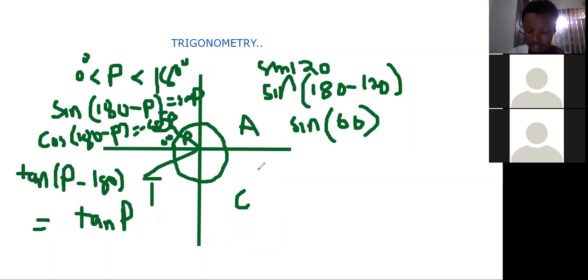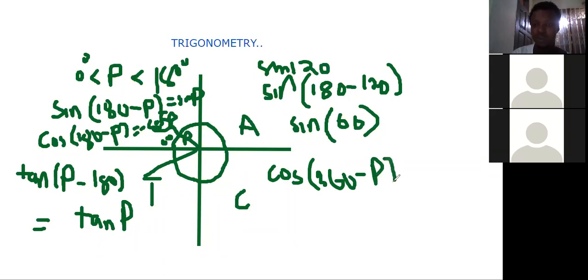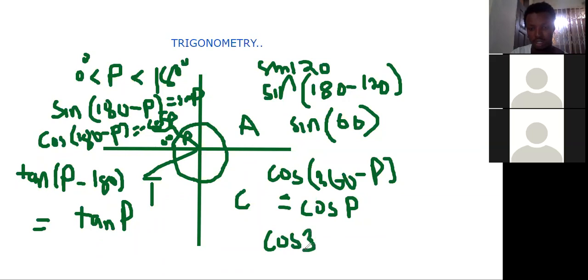If I'm given cos, I should have 360 minus P. The book will write negative cos, but I think it should be positive cos P. So let's do cos 300. Let's do cos 300.